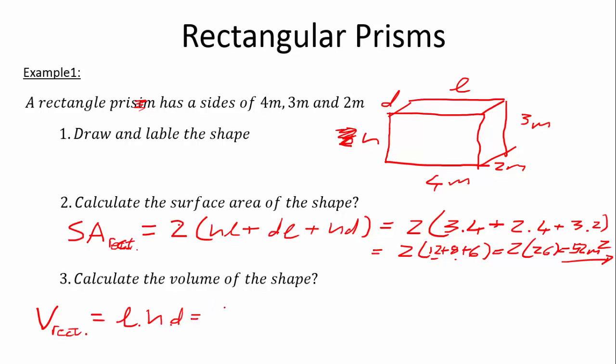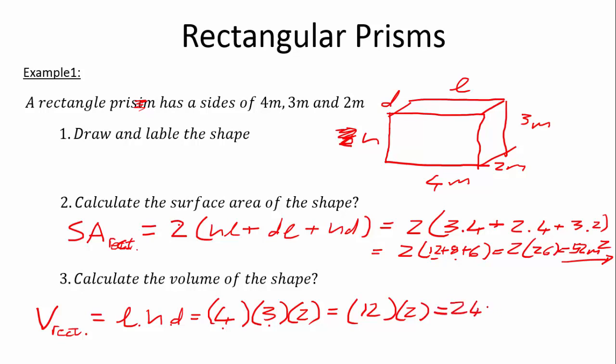The length is 4 meters, the height is 3 meters, and the depth is 2 meters. What is 4 multiplied by 3? We know that is 12. What is 12 multiplied by 2? That is 24 meters cubed. Remember, we have to have our meters cubed.